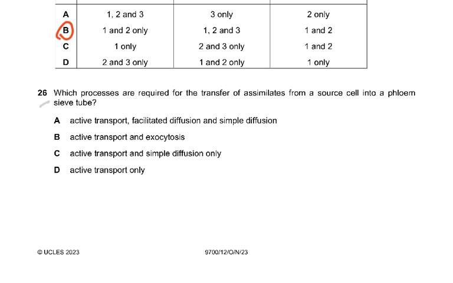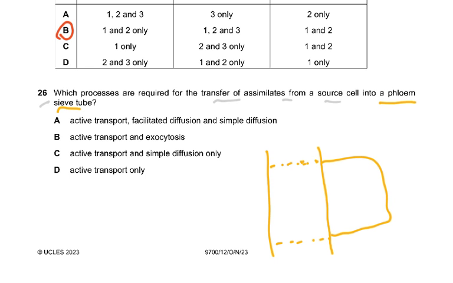Question number 26. Which processes are required for the transfer of assimilates from a source cell into a phloem sieve tube? Now, what happens in a companion cell from a source into a phloem: hydrogen ions are pumped out, then hydrogen ions diffuse back in, bringing along with them sucrose. Hydrogen ions pumped out is active transport.